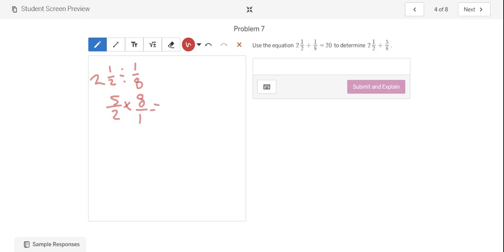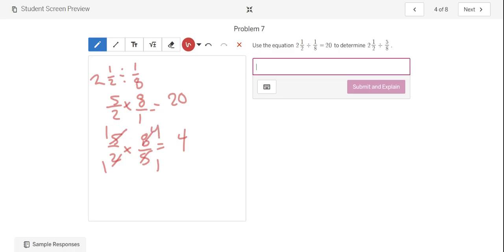And if that equals 20, then 5/8 is going to be 5/2 times 8/5. And so if I take 20 and I divide it by 5, I'm going to get 4 as an answer. Yeah, I get that equals 4.